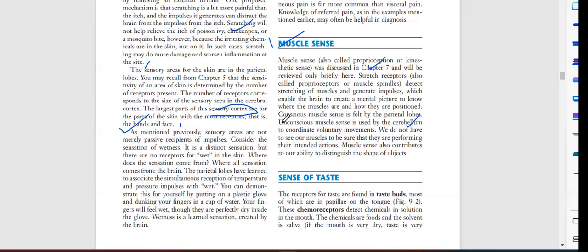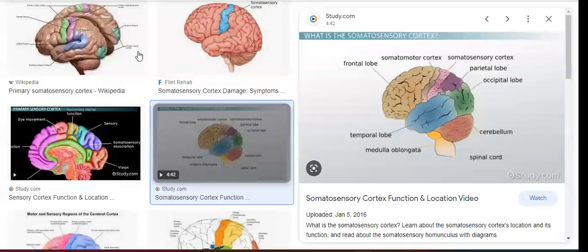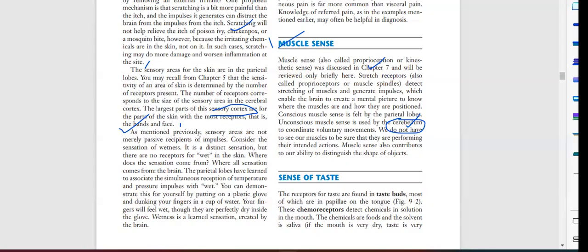This is called unconscious muscle sense. Which organ is taking charge of it? The cerebellum. Who is the cerebellum? Let's see by image. This is the parietal lobe, aware of conscious muscle sense. This is the cerebellum. Unconscious muscle sense is sensed by the cerebellum.